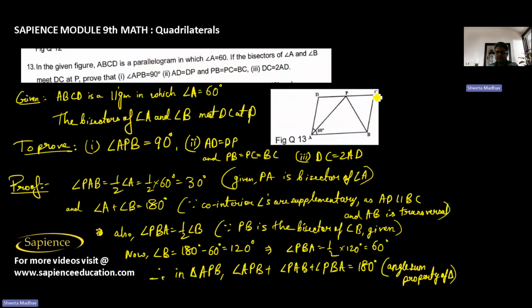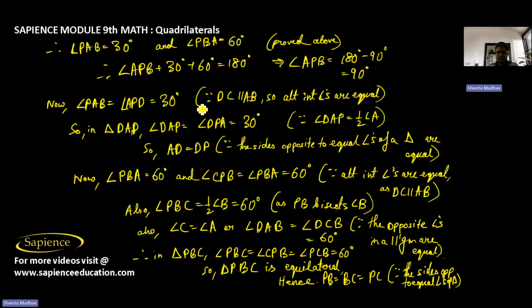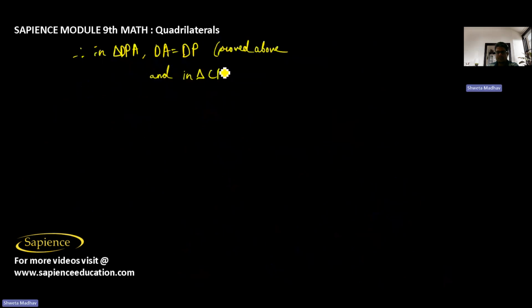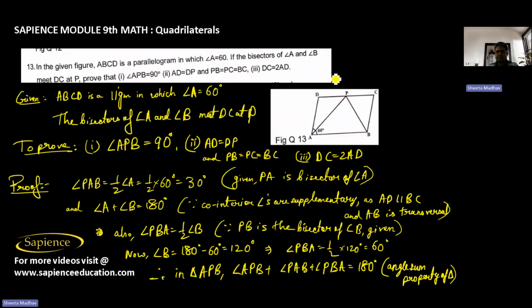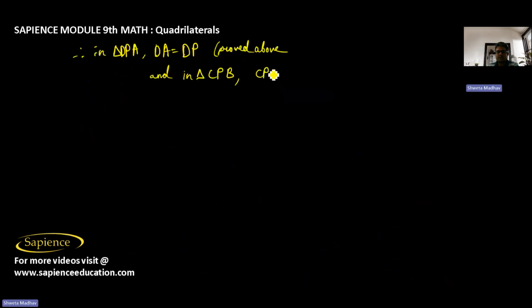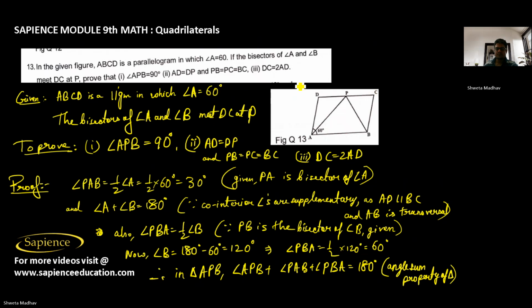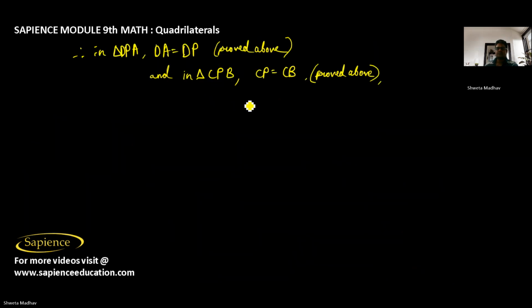And in triangle CPD, all the sides are equal, so I can say CP equals CB, which is also above. And also DP plus CP equals DC.